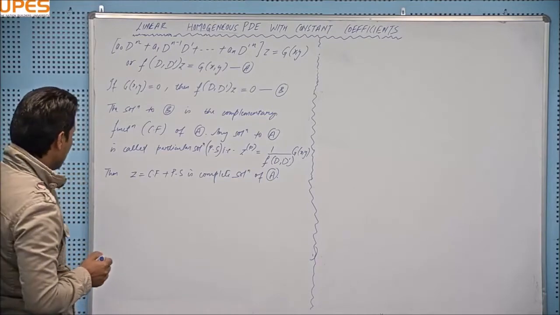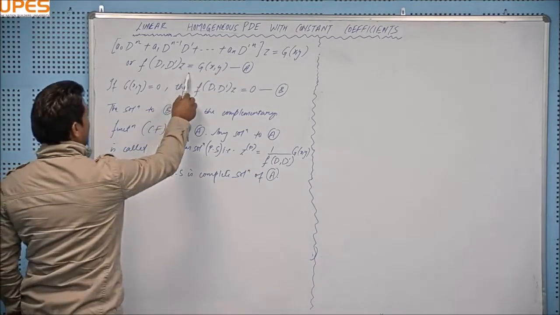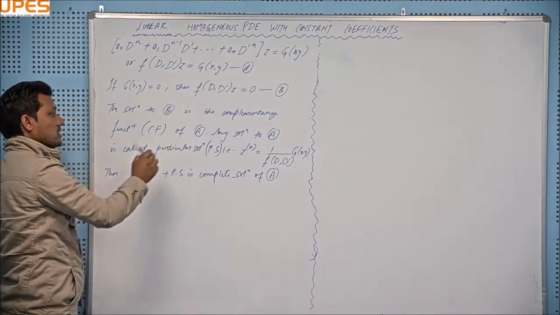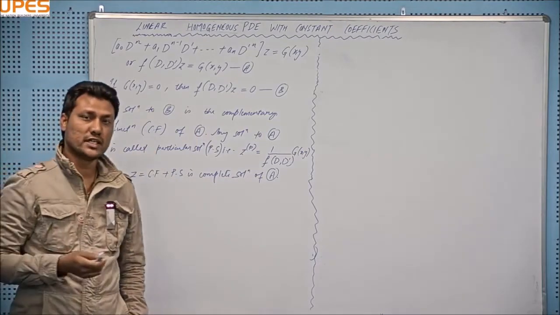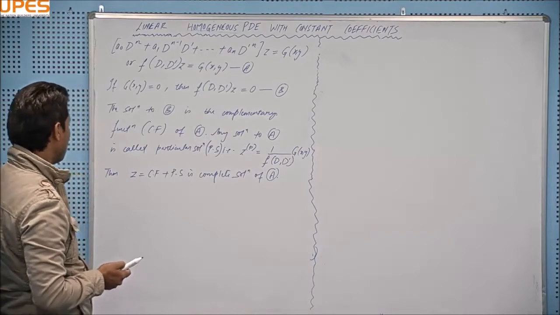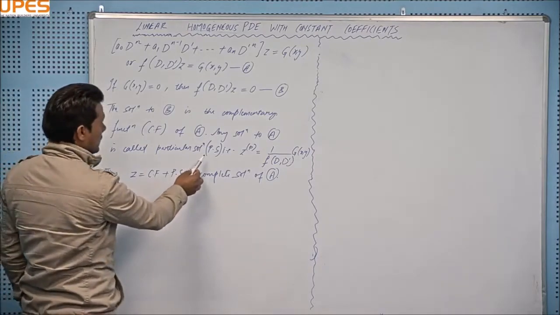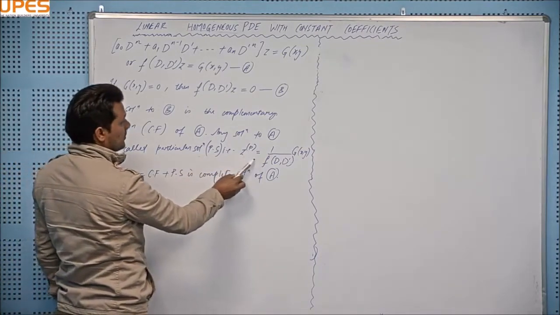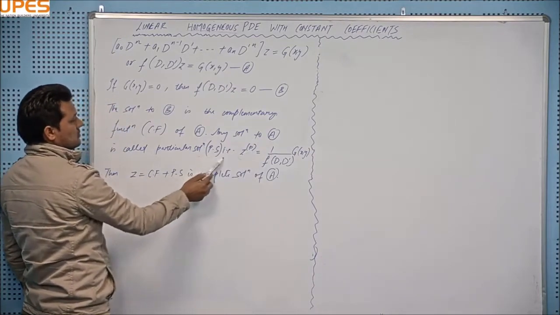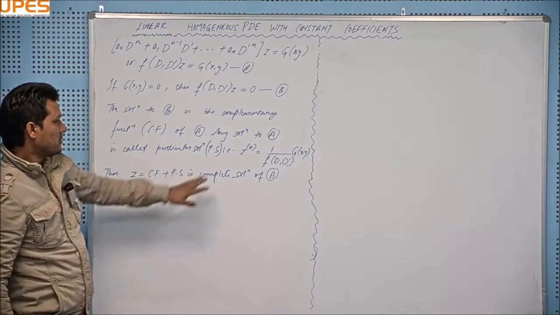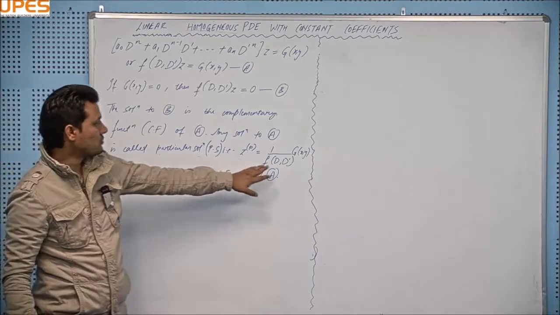So in order to solve equation number A, we first have to find the complementary function, as we did in our last videos, by putting the right hand side equal to 0. The new thing is the particular solution, which is found by z_p, and generally we write it as PS, in this way.